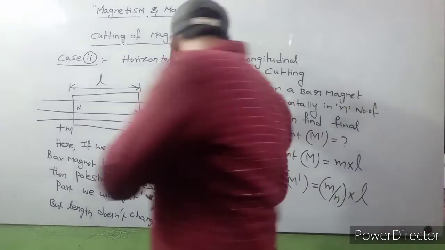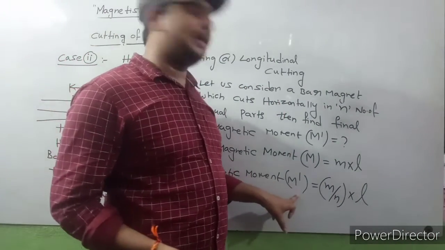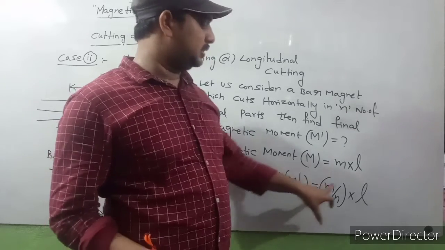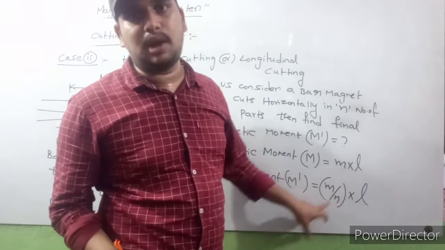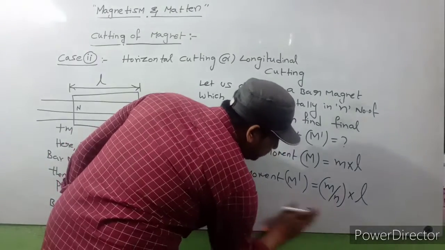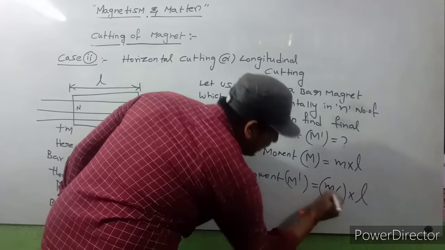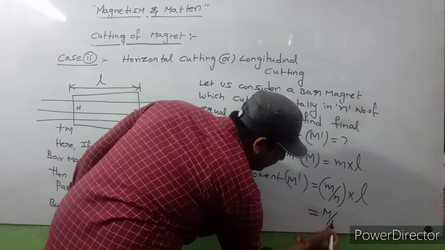So now substitute the pole strength. The final magnetic moment capital M dash is equal to small m by n into n, because the pole strength of each part is small m by n. So then we'll get m into L, mL by n. mL by n means capital M by n.